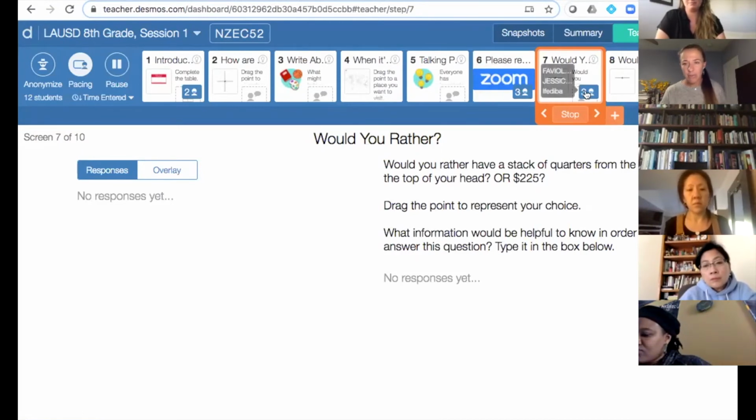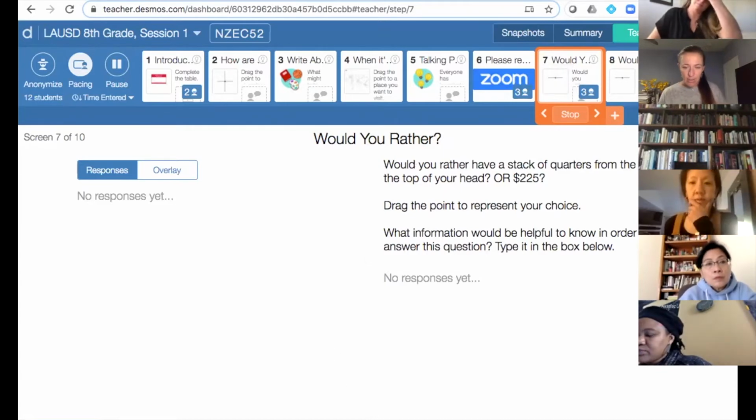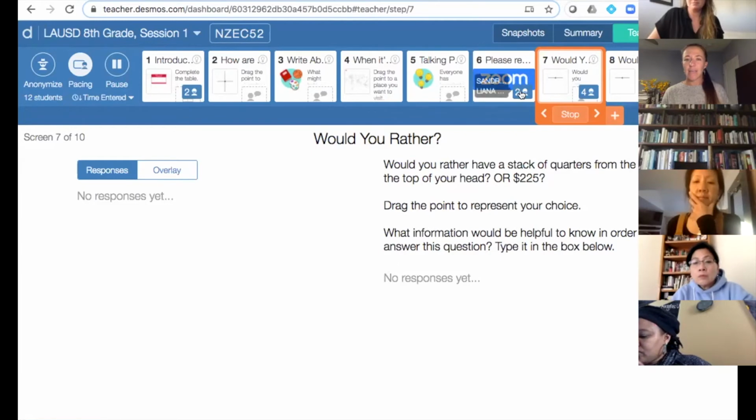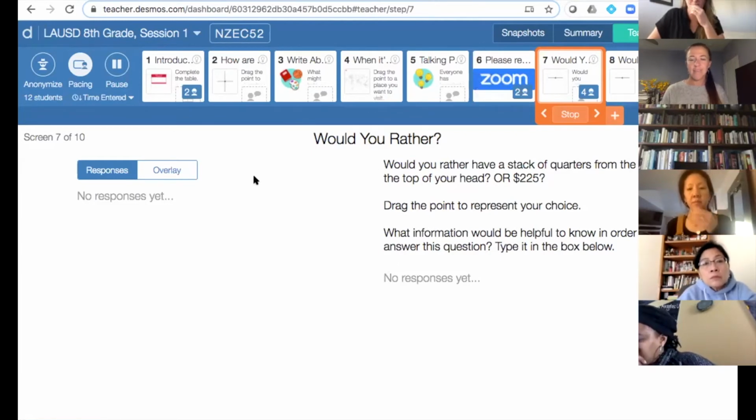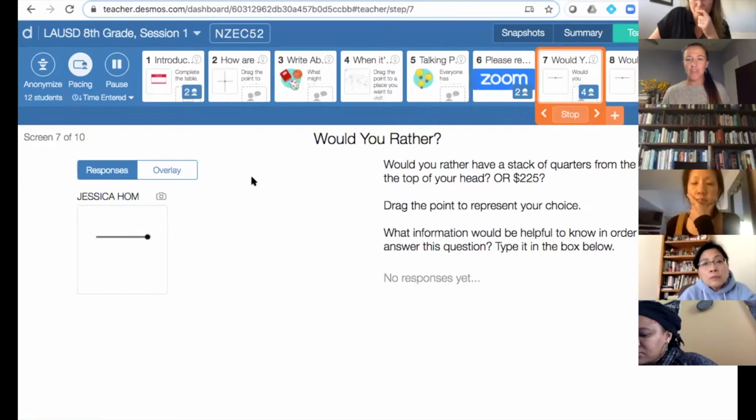I'm looking for everybody to join us here on slide 7 in the Desmos activity. I've only got 3 of you here, so if you can click on the link in the chat, or if you still have it open, you can just revisit that. All right. What I'd like you to do is just make a decision, a gut instinct.